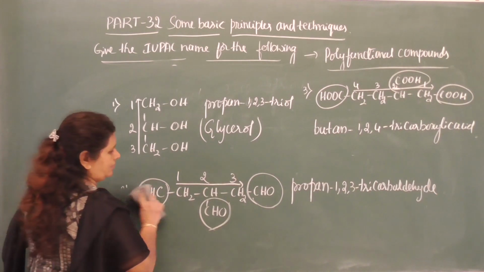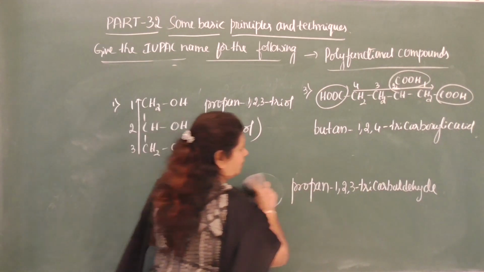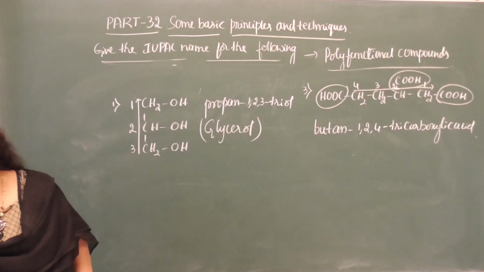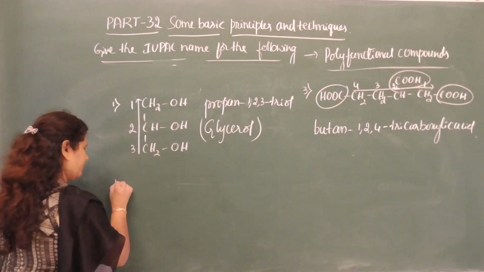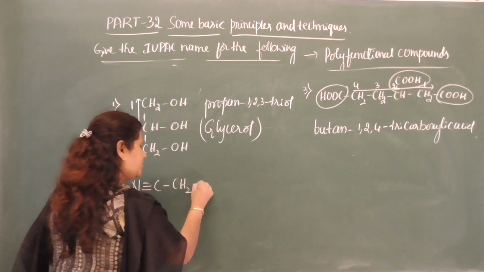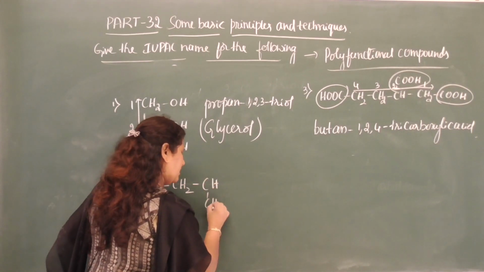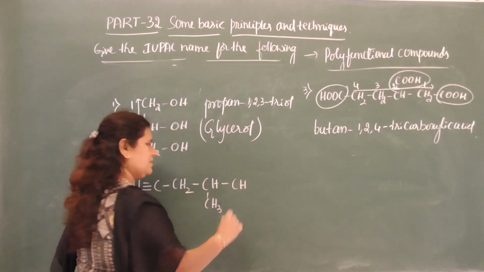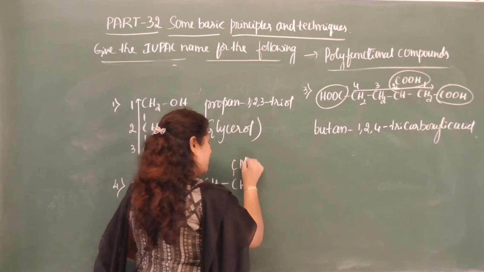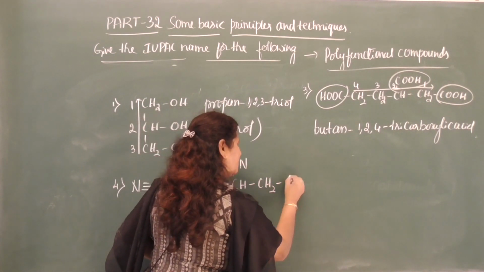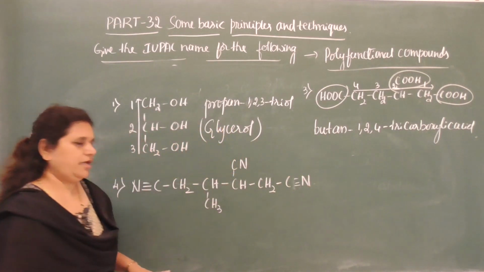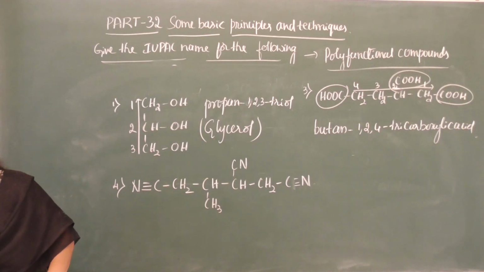Fourth one. I will write the fourth compound here. N triple bond C, CH2, CH3, CH, CN, CH2, C triple bond N. See here, the nitrile group is there.